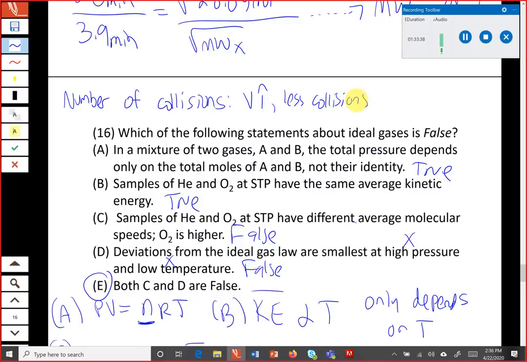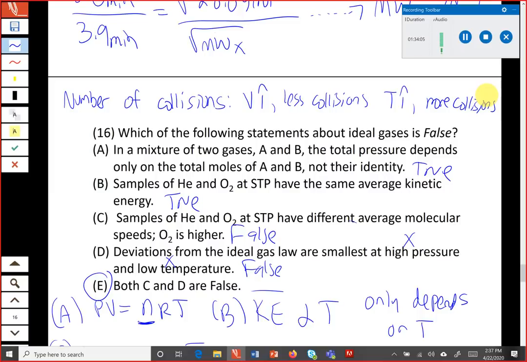That's because the gas molecules are spread further apart, so they don't collide with each other as much, and they don't collide with the walls of the container as much because they're moving through a larger space. If you increase the temperature, you're going to have more collisions on average, all else being equal, because the gas molecules are moving faster. If they're moving faster, they're going to run into each other more often, and they're going to run into the walls of the container more often.